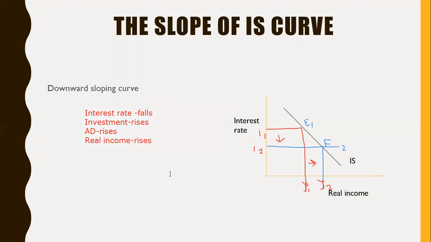So this is the reason why our IS curve is sloping downwards. So when we consider the slope of the IS curve, we see the IS curve is sloping downwards, and the reason behind the downward slope is, as considered here, a fall in interest rate results in a rise in investment, so a rise in aggregate demand and a rise in real income.